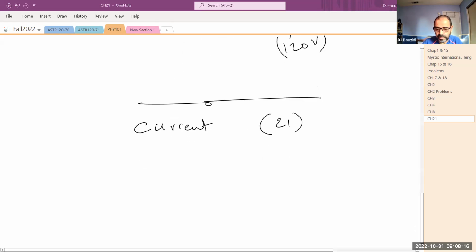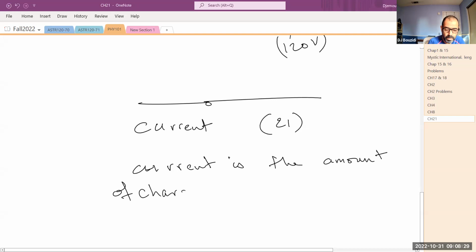It's the amount of charge that flows per unit time.